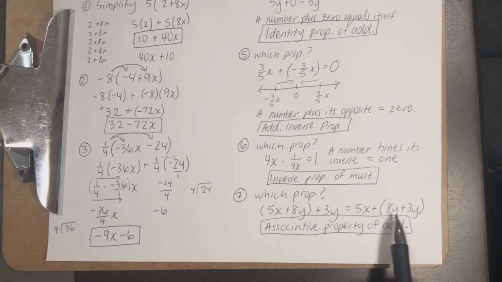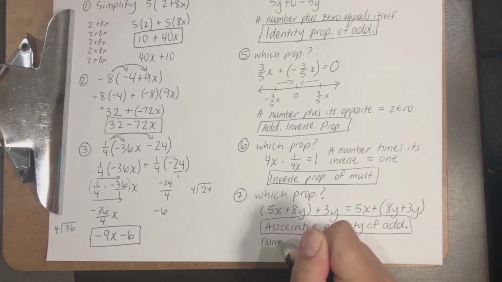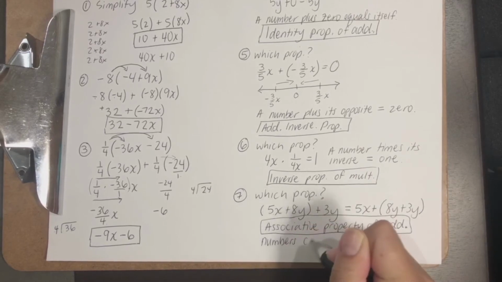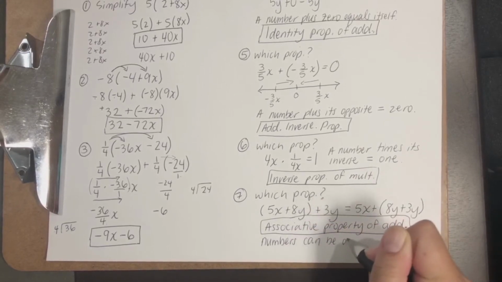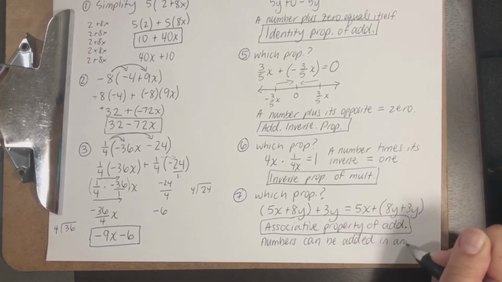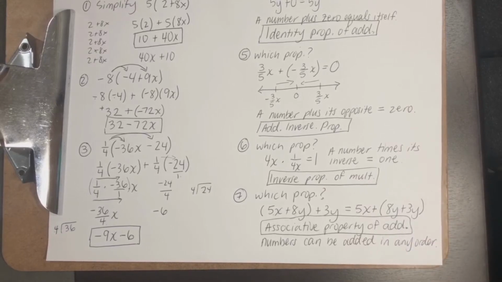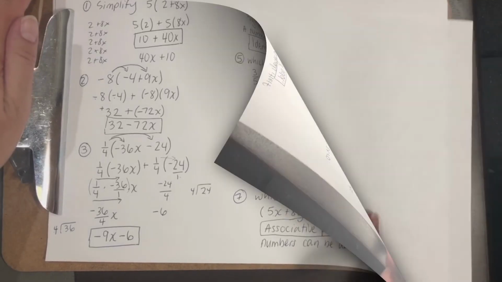But in this one, we're going to add 8y and 3y first, and then we'll add the 5x to that. So numbers can be added in any order. That's kind of what's going on there. It's not the best definition, but it'll work. Let's do number 8.